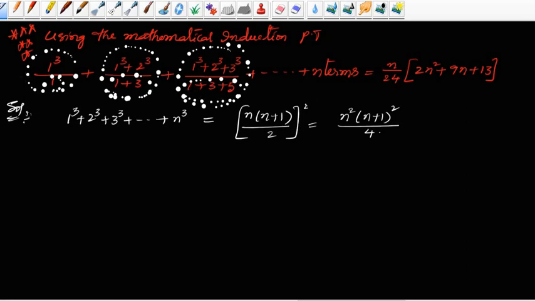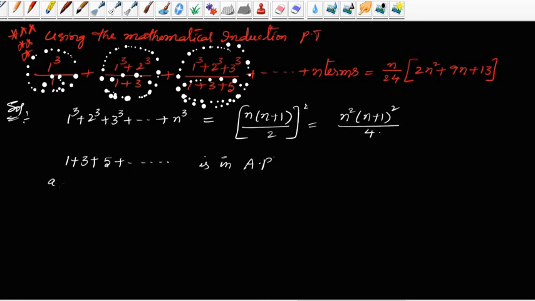So the denominator is 1 plus 3 plus 5 and so on up to n terms. That means this progression is an arithmetic progression, an AP, and we are adding the terms.